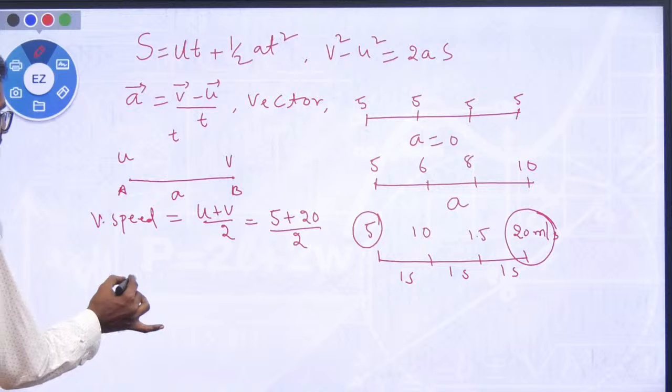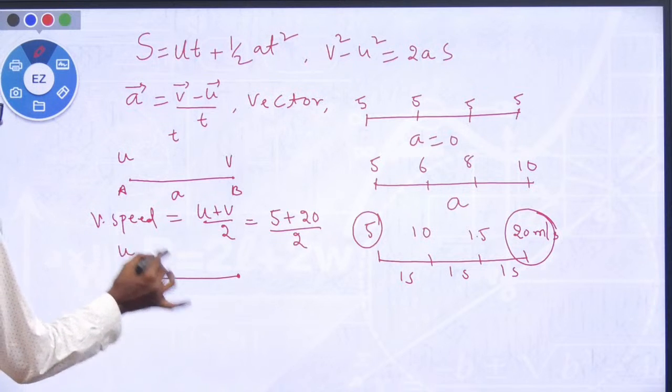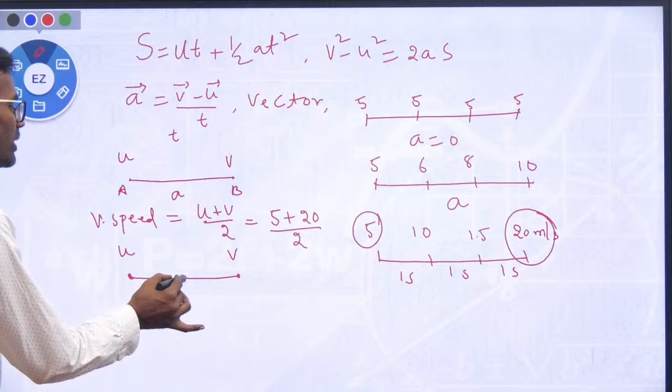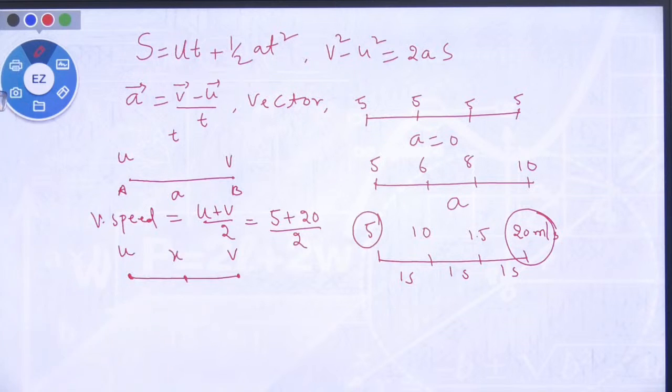Now the same question: the starting speed is u, the final speed is v. We want the velocity at the midpoint. We don't know it, so let me write x.